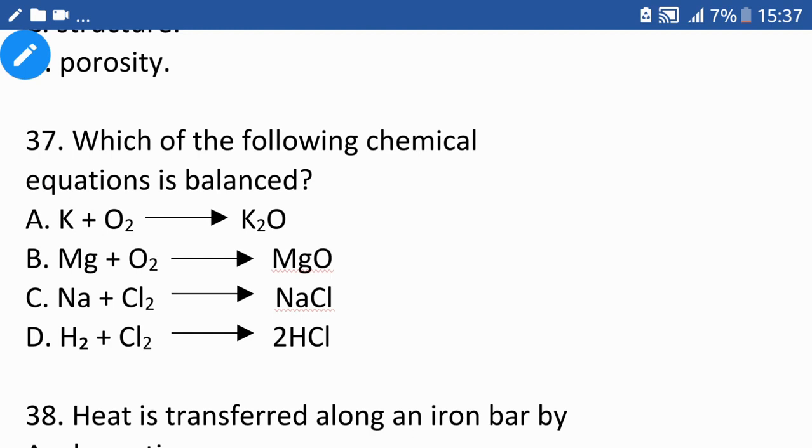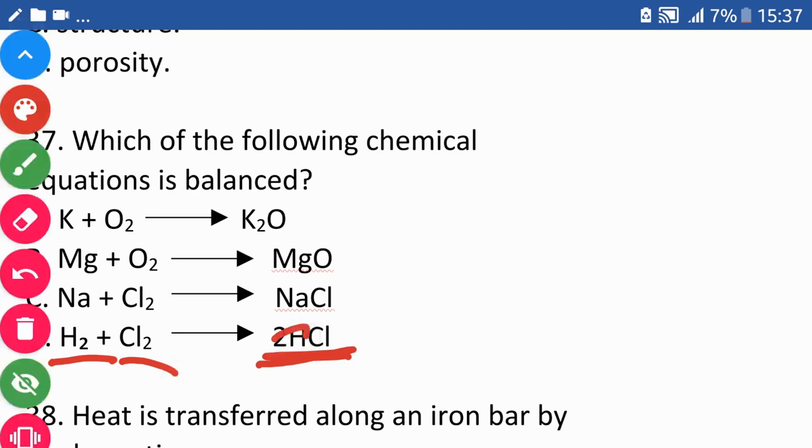Looking at it, this is balanced because 2 atoms of hydrogen here, 2 atoms of chlorine here. The 2 multiplies the hydrogen and also multiplies the number of atoms of chlorine. So 2 atoms of hydrogen here, 2 atoms of hydrogen here, 2 atoms of chlorine here, 2 atoms of chlorine here. So D is balanced.